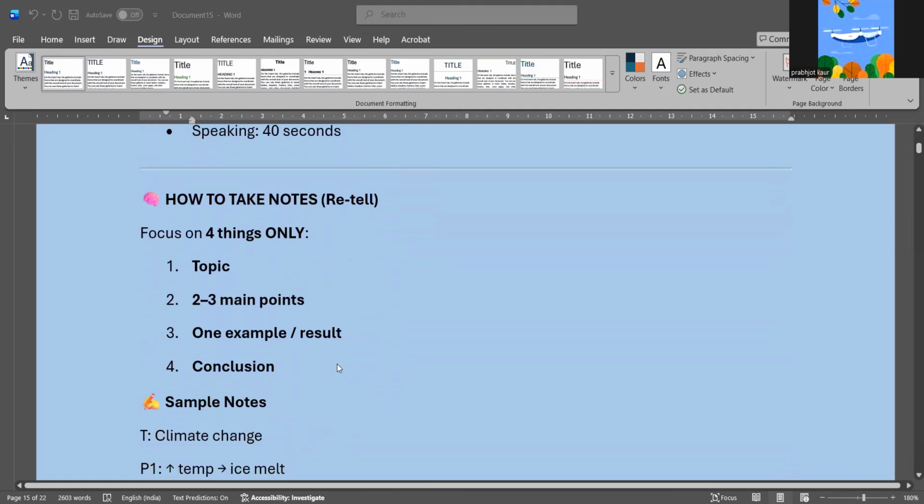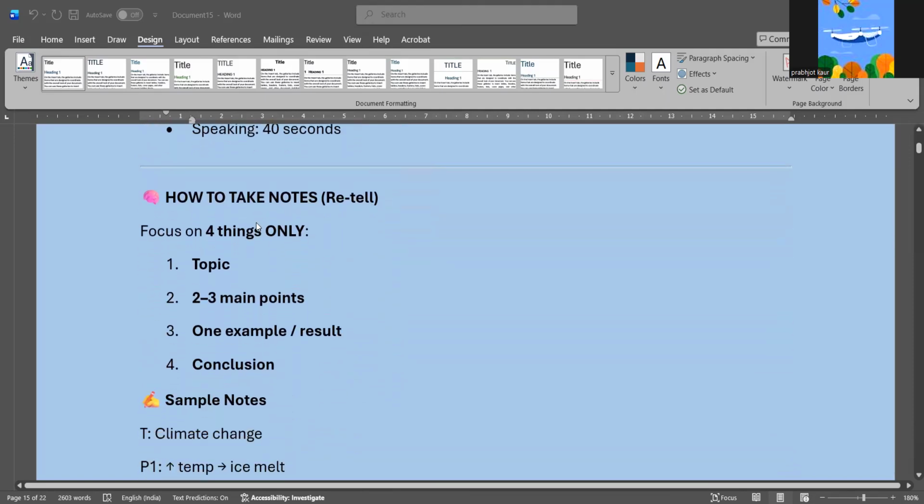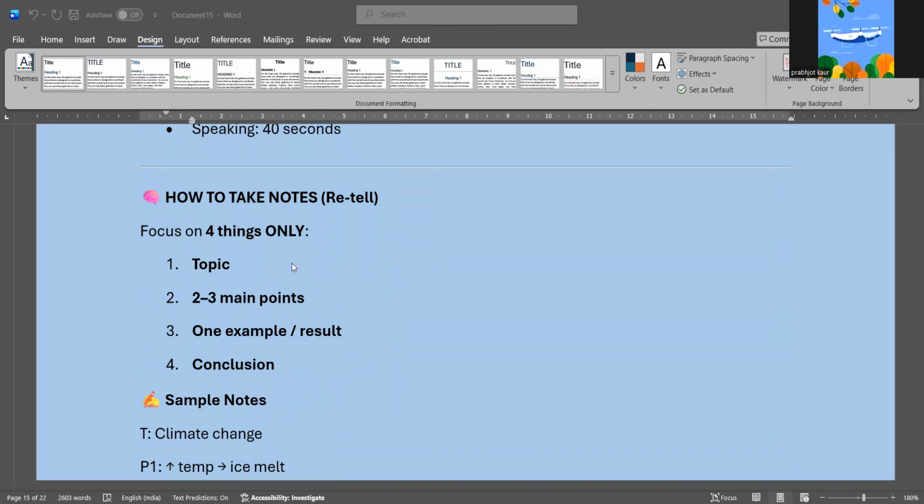So for Written Lecture, how do you take notes? Focus on only four things. First of all, the topic, what is it about, then three main points, one example or result, then the conclusion.